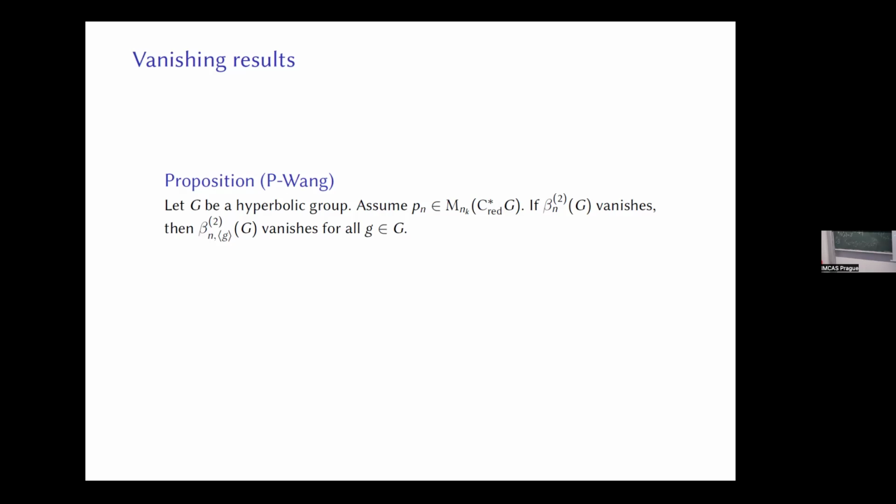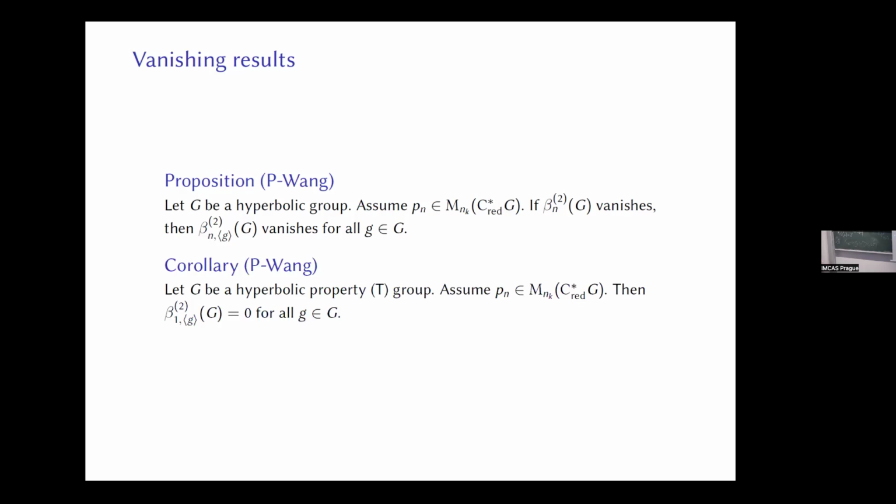So if the L²-Betti number vanishes, this means that the projection vanishes, and the pairing with respect to any delocalized trace would vanish too. So one would get 0 as a result. From the knowledge about vanishing of L²-Betti numbers, we get knowledge about vanishing of delocalized ones.